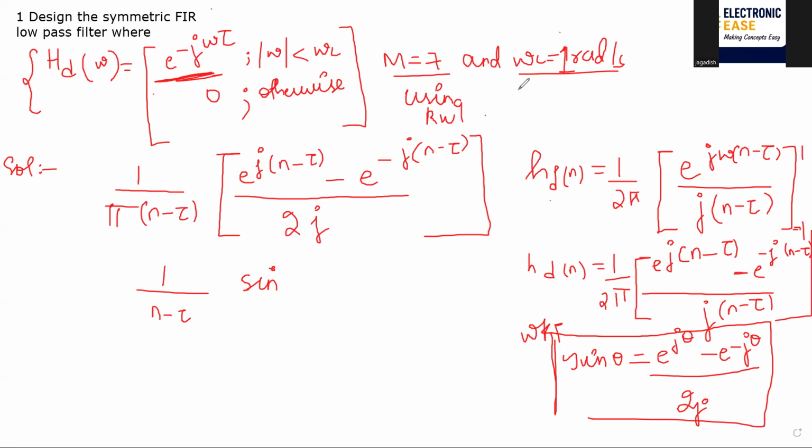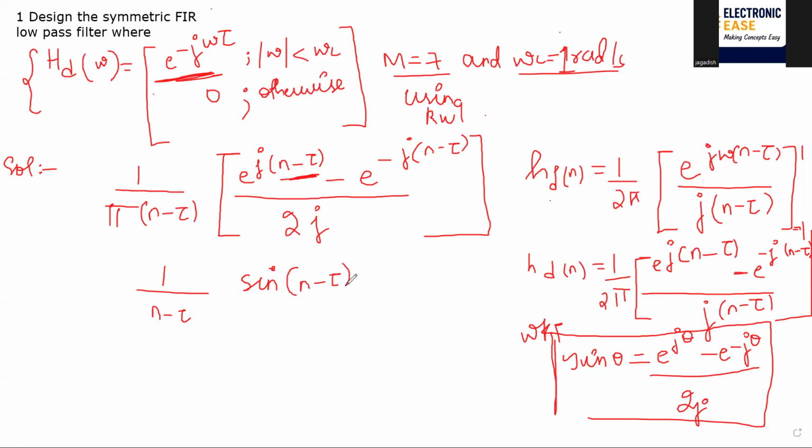So what is the theta value over here? Tarun, can you tell what is the theta value? Theta value is n minus tau. So sine of n minus tau.